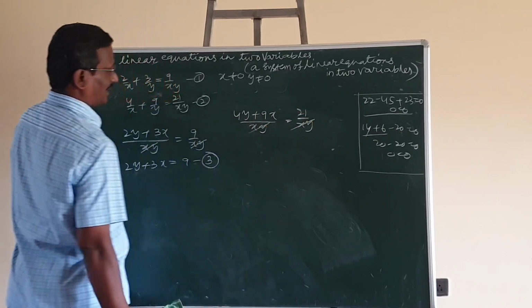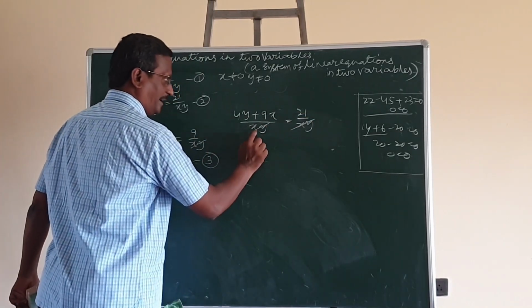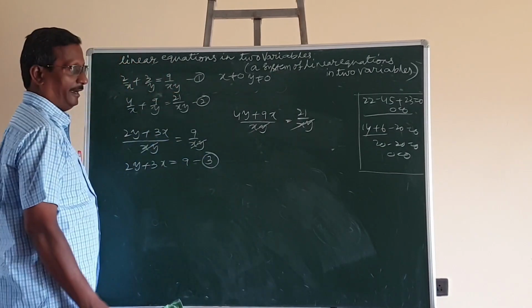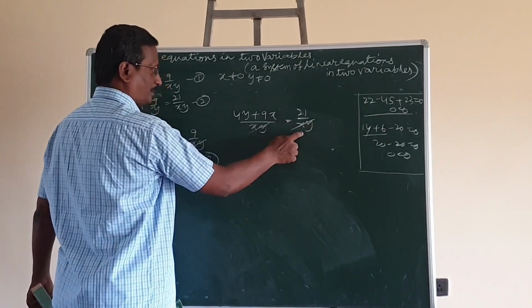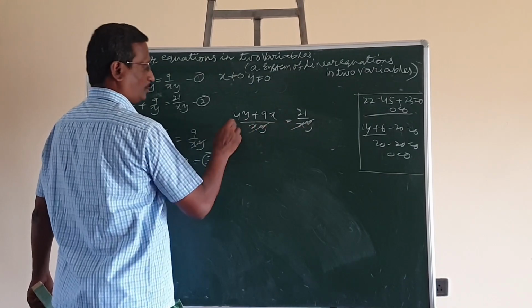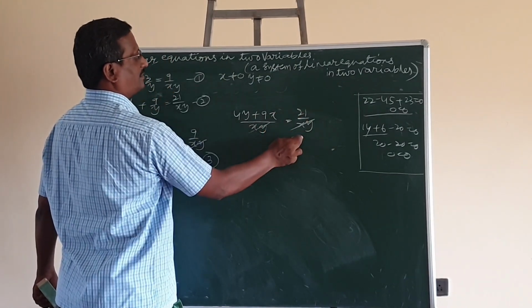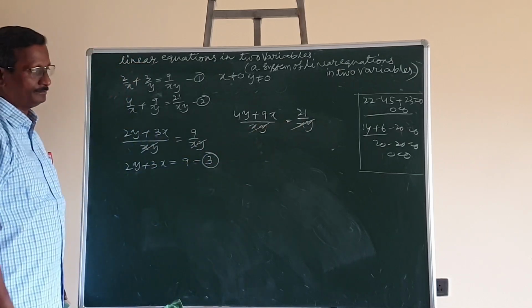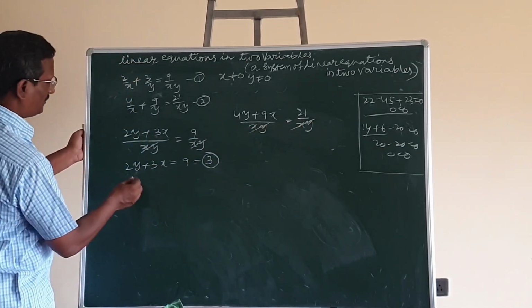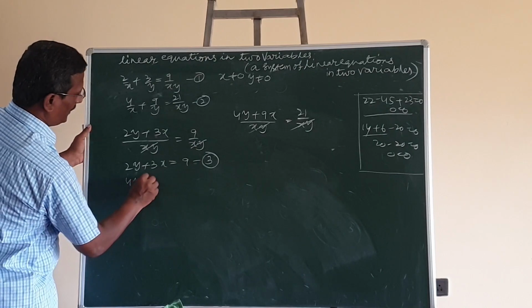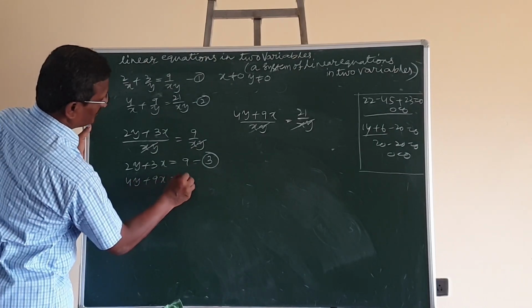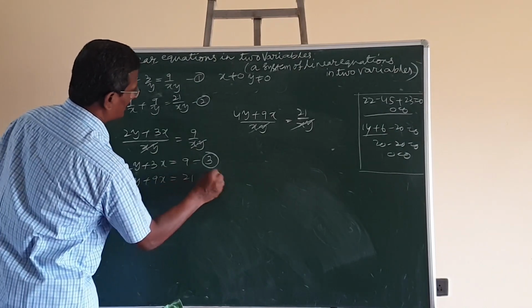On cancelling both the sides, the denominator xy is taken to the right side and multiplies, or you can say the total LCM, the LHS denominator and the total RHS denominator, can be cancelled. Now the fourth equation comes: 4y plus 9x is equal to 21.